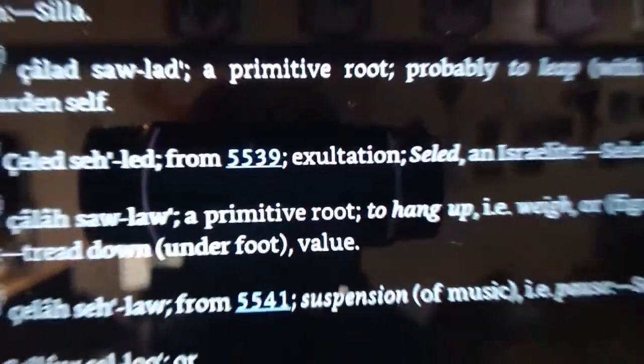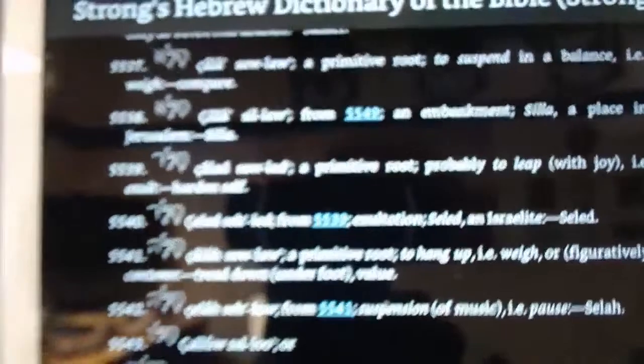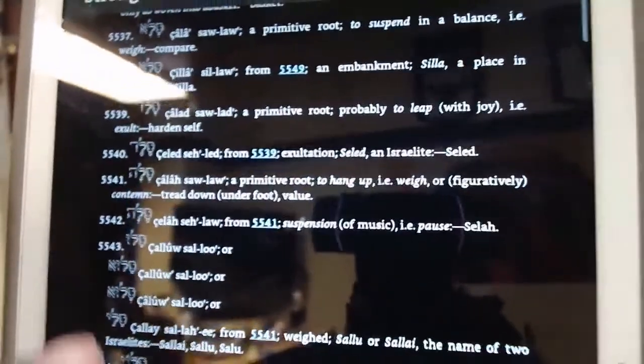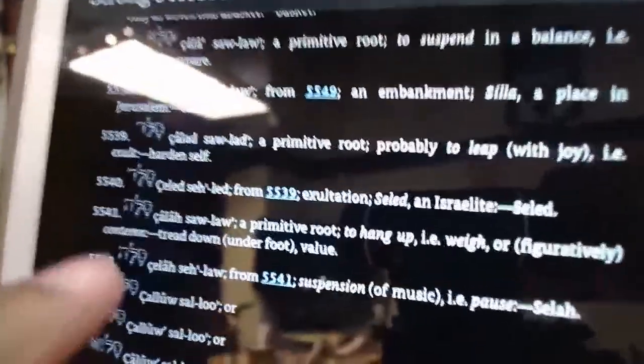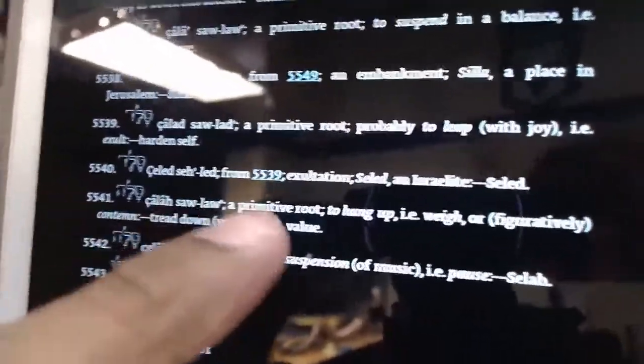Okay, no problem, we'll just do it like this. Legible? There we go. So we have Selah right here.